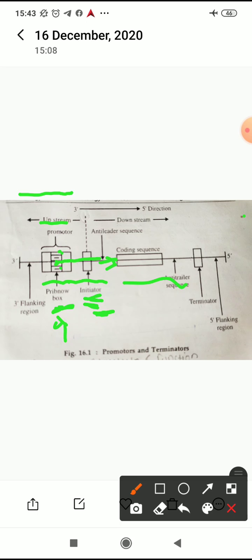Now the terminator. See this one, the terminator.